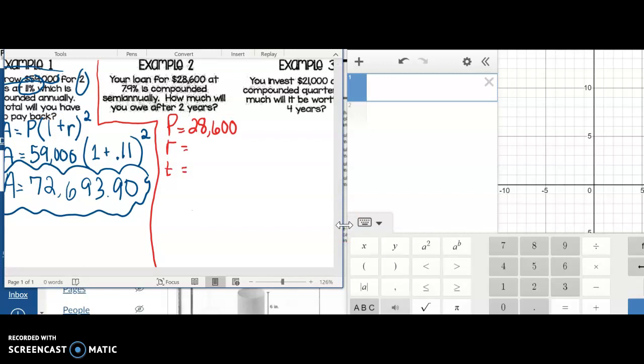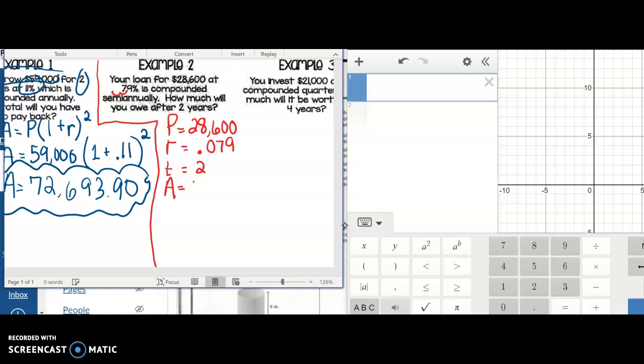Okay, what's my rate? 0.07. Okay, good. Yeah, we're moving the decimal 2 places to the left, and we get 0.079. And then it's for how long? 2 years. Okay. So if you guys will do this in Desmos, that way you can have practice. You're inputting it into the formula.